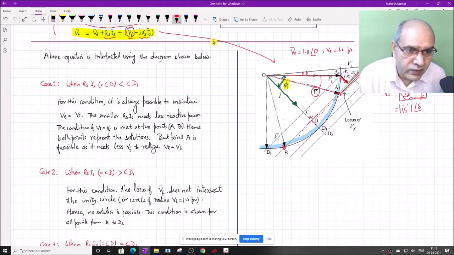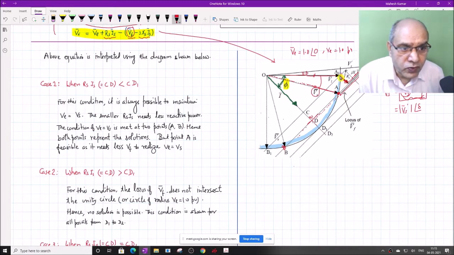Okay, so we were talking about the three conditions based on the value of IS into RS, this line. So what is IS RS? IS RS is nothing but the resistive drop across the feeder. This is an important parameter.